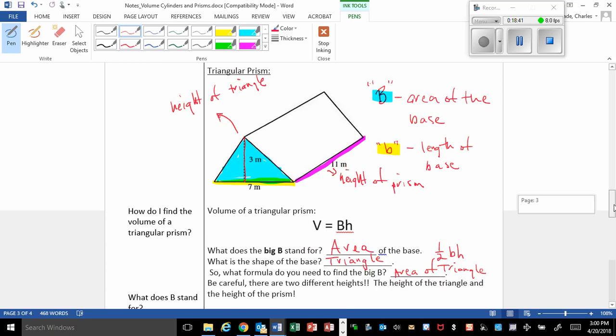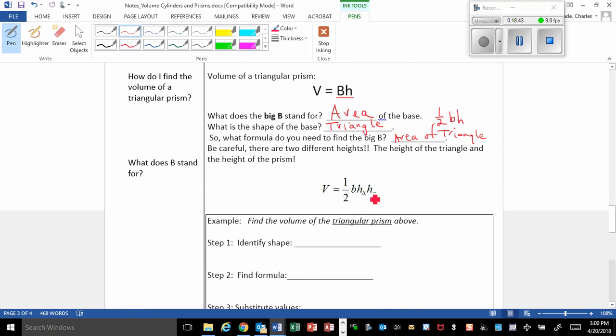All right. So you see here, they've used these little symbols here, right there. See that? That means the height of the triangle, and then this one means the height of the prism.